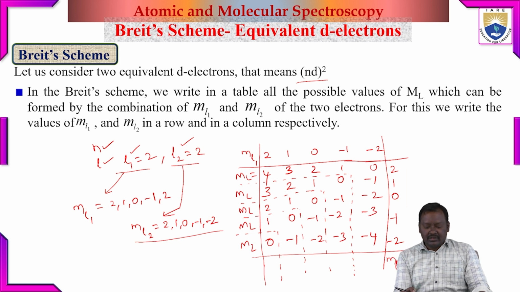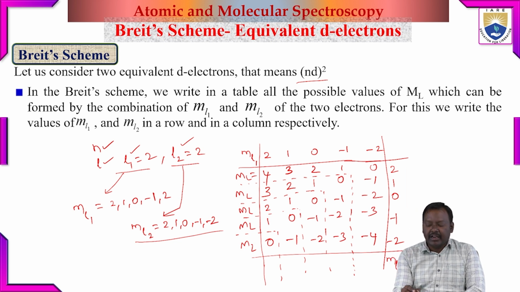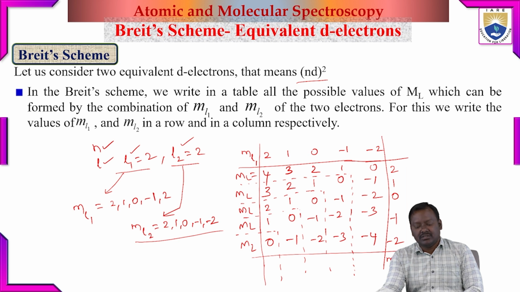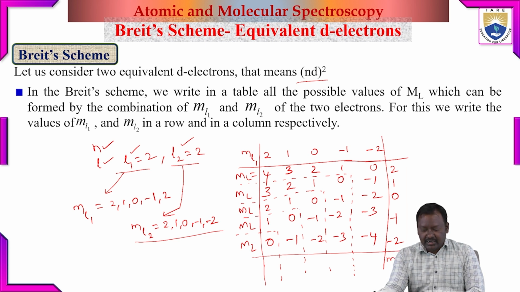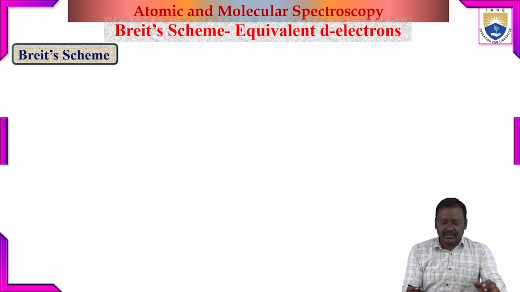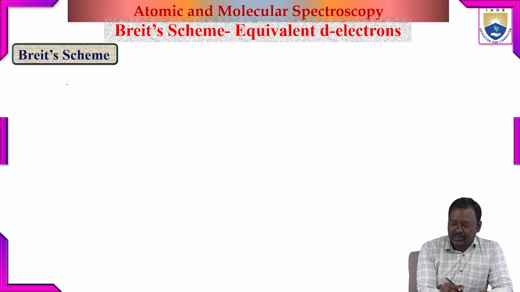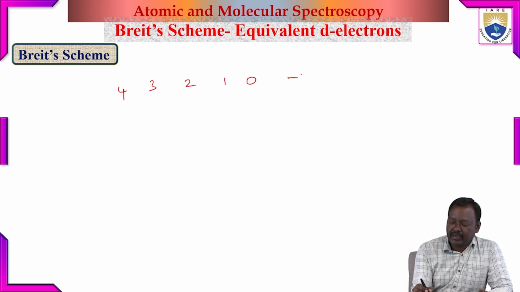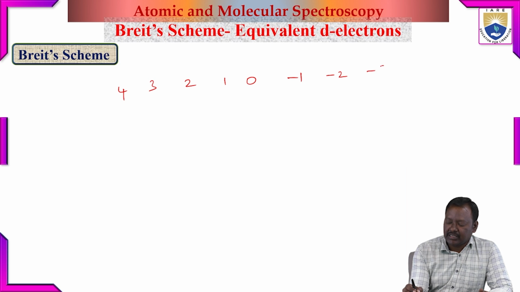So there are 5 sets of ML values. The first set of ML values are 4, 3, 2, 1, 0, minus 1, minus 2, minus 3, minus 4. Let us write them from the first value for our convenience: 4, 3, 2, 1, 0, minus 1, minus 2, minus 3, minus 4.